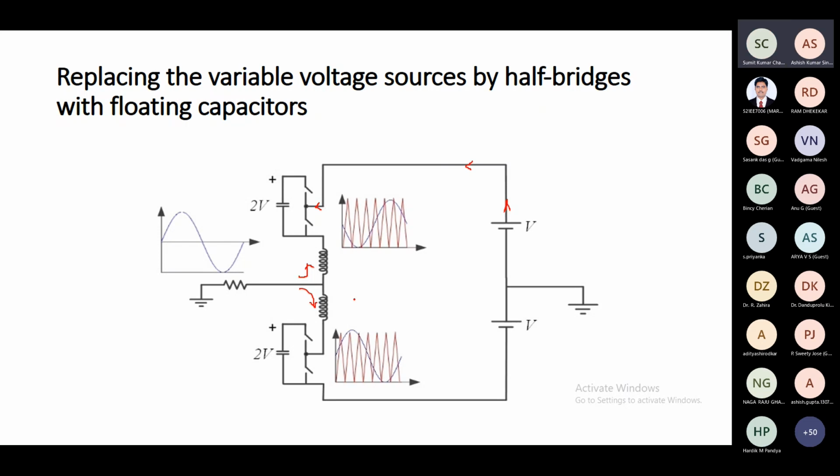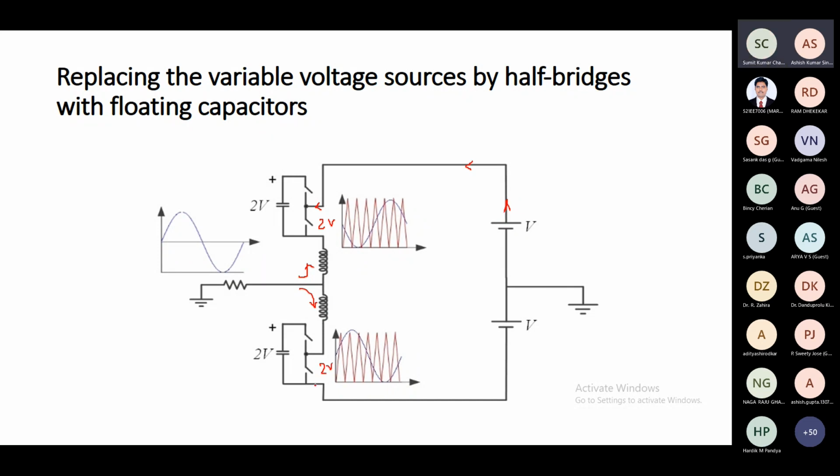Now, as I said, it was for your understanding. Nobody implements MMC using only one cell per arm. But anyway, if I ask you how many levels we can get at the output with the corresponding discussion we had so far, either we have to turn on this switch, so we have 2V here, or we have 2V here.